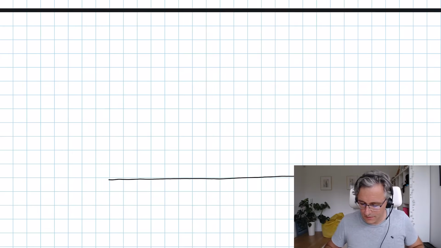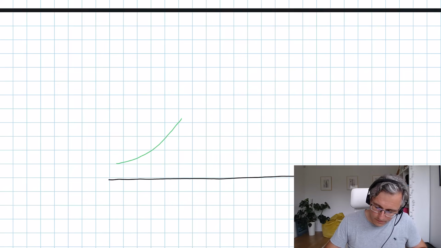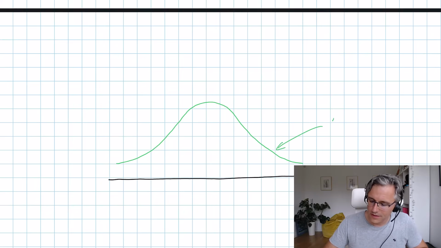It all depends on the degrees of freedom. Now, let's draw any odd bell shape curve, okay, like this. Let's say that this is the student's t distribution with degrees of freedom at a relatively low level.